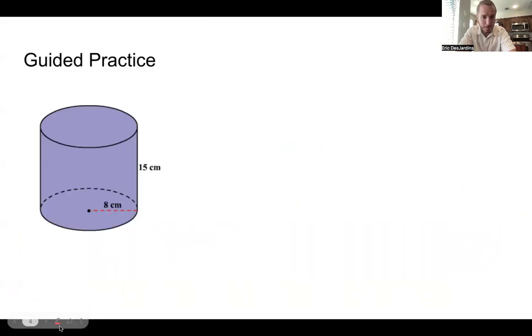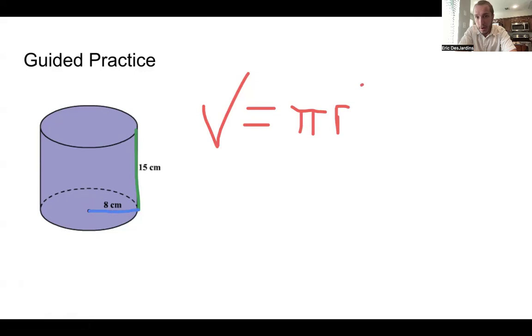Here's an example. So I have two measurements. My measurement in green is my height, and then my measurement in blue is my radius. So if I'm using my equation, V equals, so my base, remember, instead of B, we're going to put pi r squared times h, sorry, h.